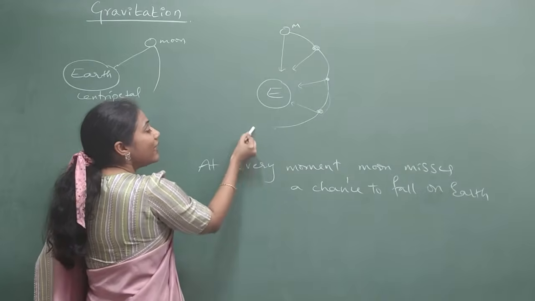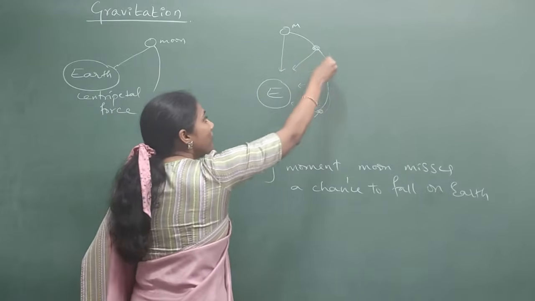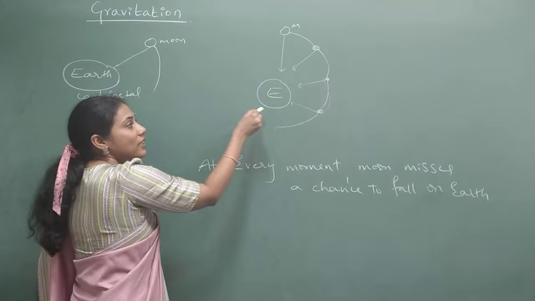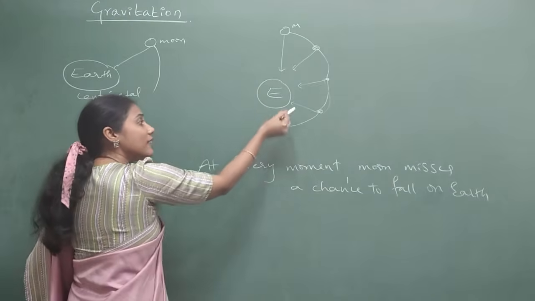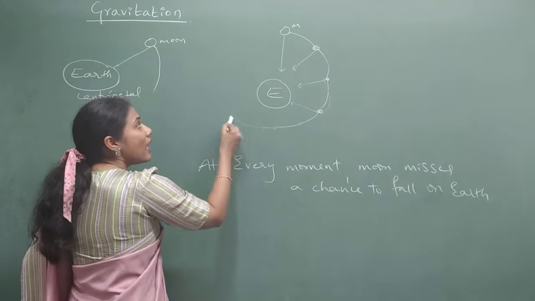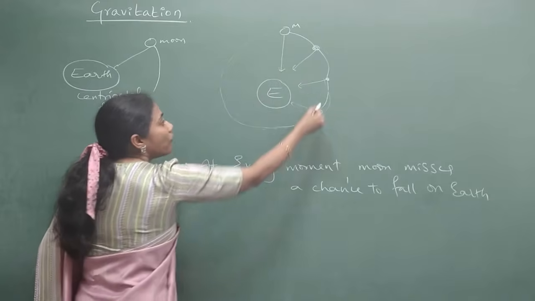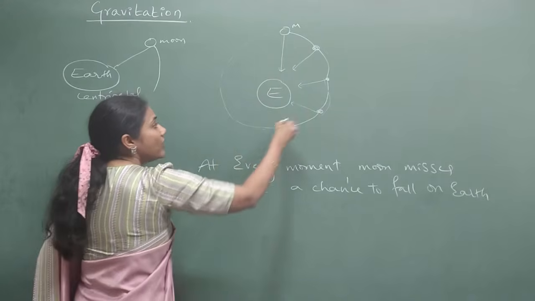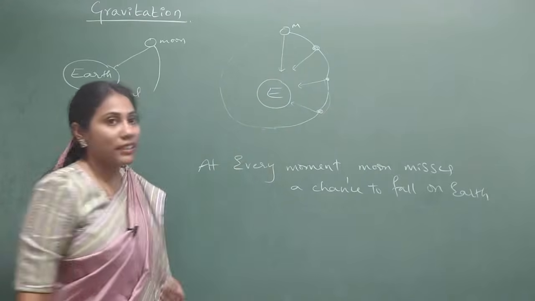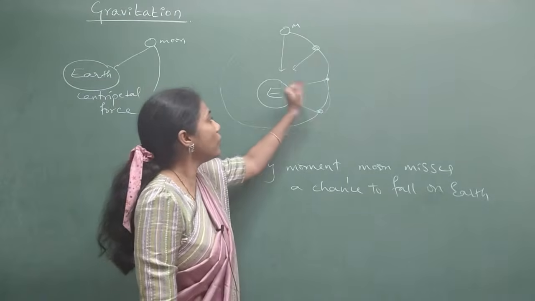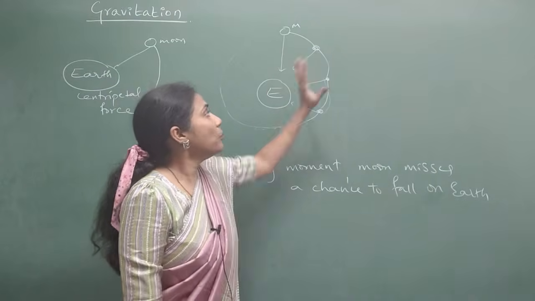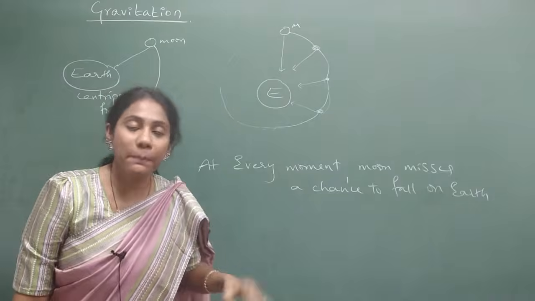So that way, at every point it misses a chance to fall on the earth, though the earth is pulling it towards it. So that's how its path of travel is in a circular way around the earth. This particular force between earth and moon is what we mean by centripetal force.